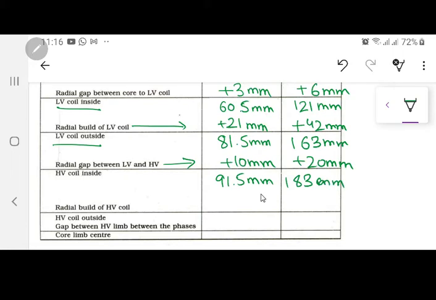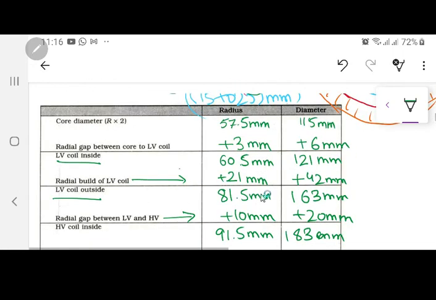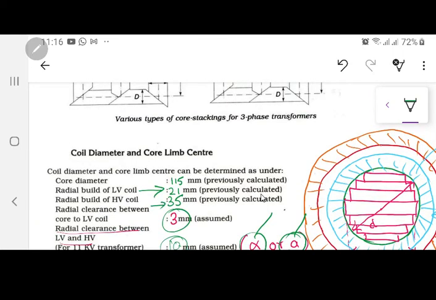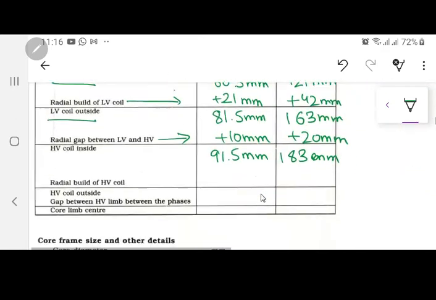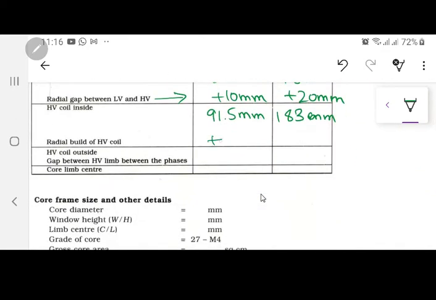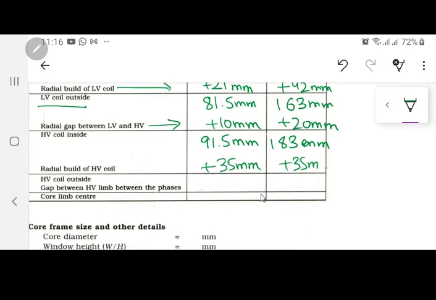What was the radial build of the high voltage coil? We just took this value from the previous data, that was 35 mm. So we are just going to add plus 35 mm here, and plus 35 mm over there. So this will be 126.5 mm.